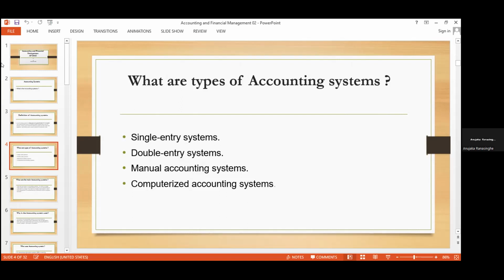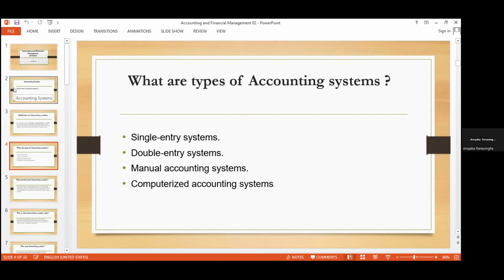Manual accounting system means they prepare accounts manually, by handwriting or some similar methods. The last one is the computerized accounting system.